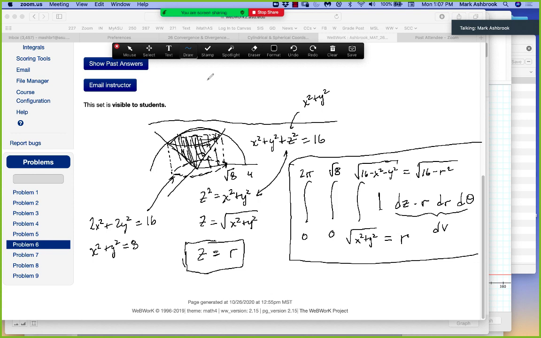So when you set up that double integral, you would have done z top minus z bottom, and then r d theta would give the volume between, right?